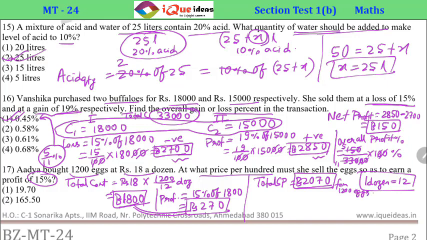So the per egg price will be 2070 divided by 1200. This is the selling price per egg. So the selling price per 100 eggs will be equal to multiplying by 100. So this is the selling price for 100 eggs. 0 and 0 cancel, 0 and 0 cancel.